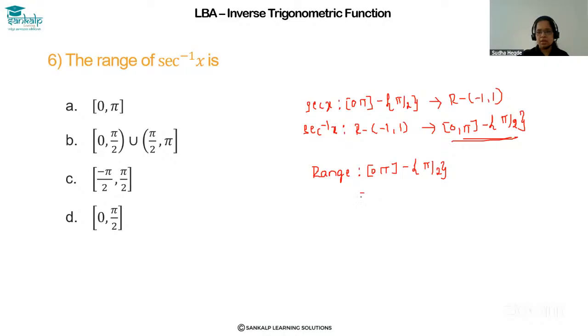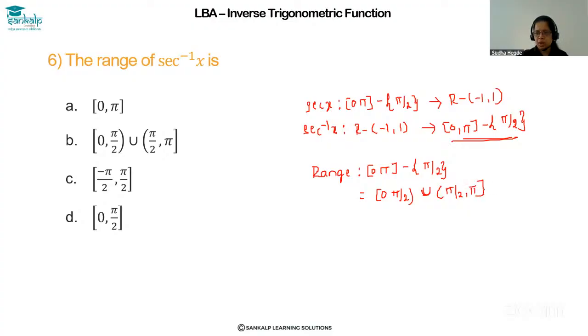Therefore, rearrange it. How do you rearrange? Closed 0, pi by 2 you have to remove. So 0 to pi by 2, union, you have to take pi by 2 to pi closed.